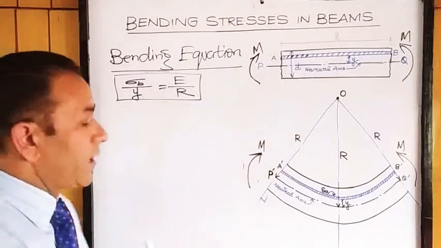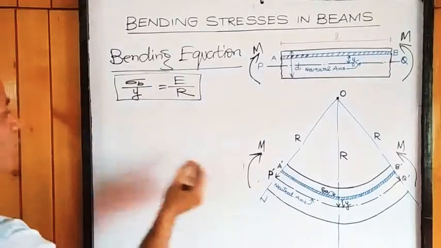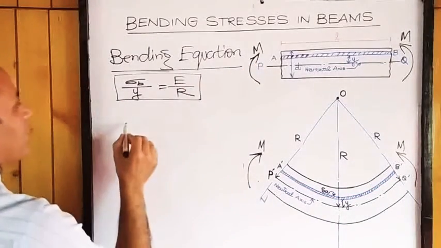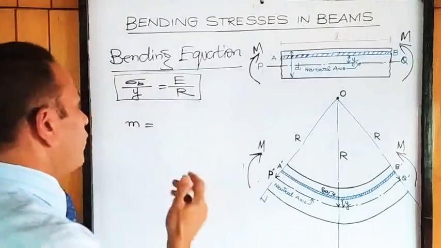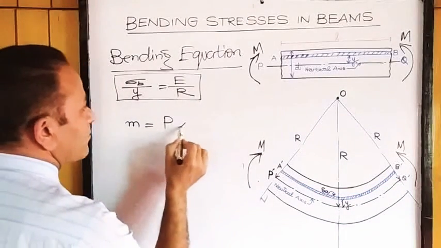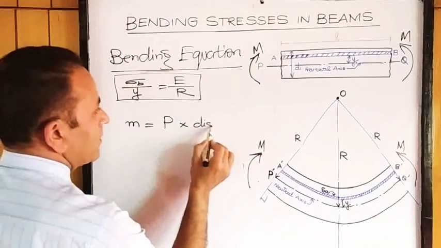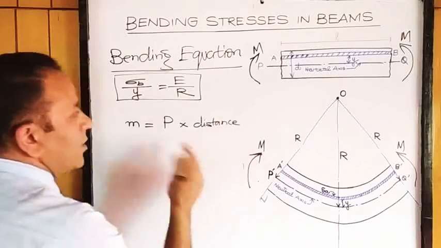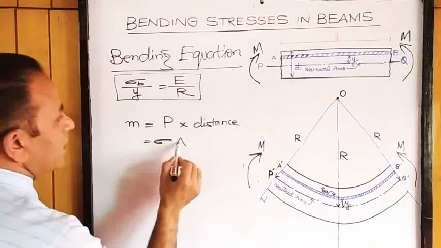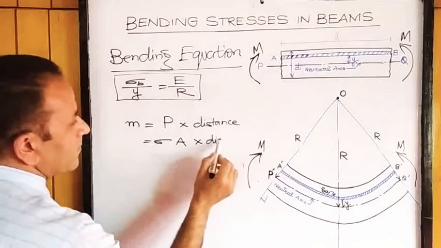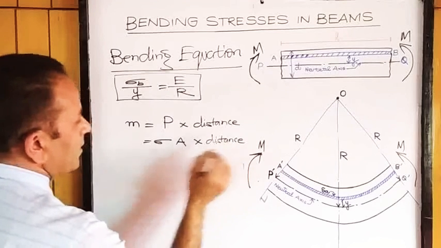Then moving ahead, we have the moment on the strip. On the strip, bending moment. Moment is what? Moment is force into some distance. Say some force multiplied by distance. Now force is further equal to some stress into area into distance. Okay?